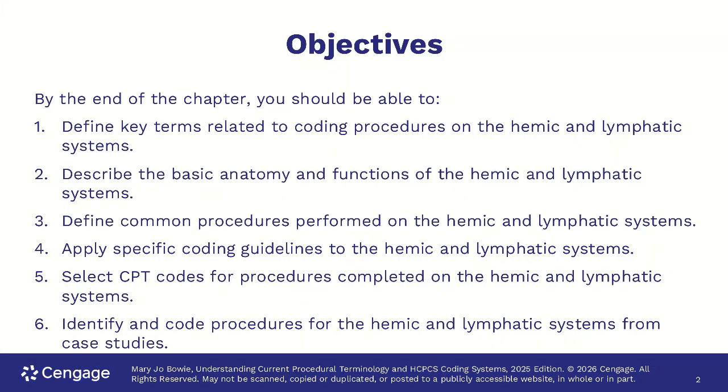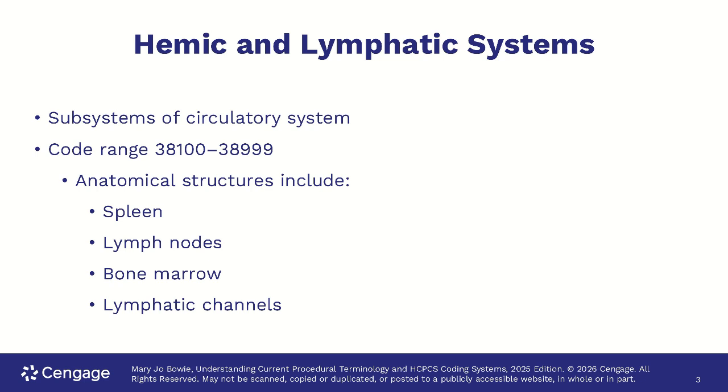So, as usual, this chapter starts off with objectives, key terms, anatomy, common procedure, guidelines, and coding, and more coding. All right. So, as it relates to the hemic and lymphatic system, the anatomical structures that you're going to see here are the spleen, bone marrow, lymphatic nodes, and lymphatic channels.